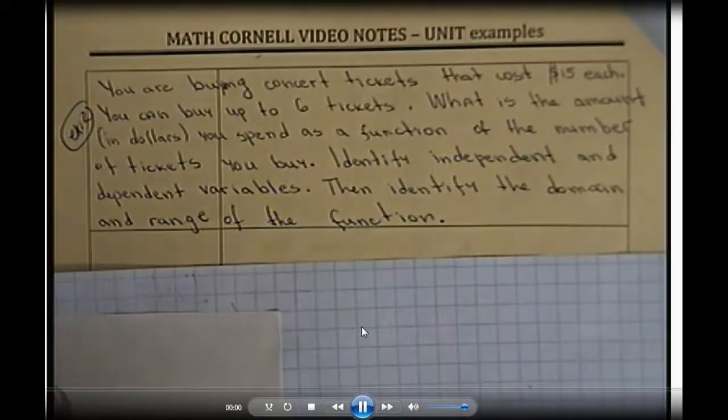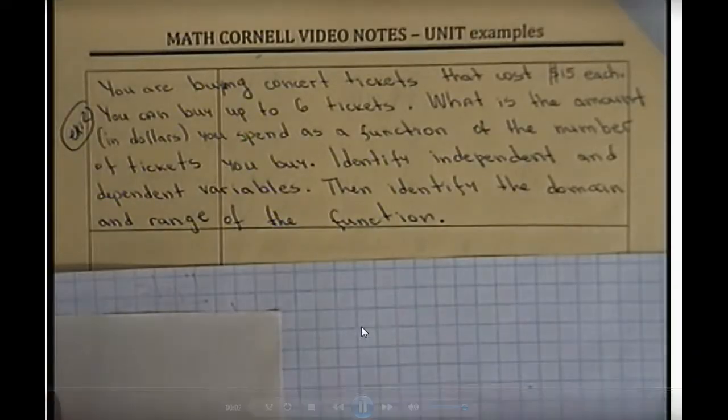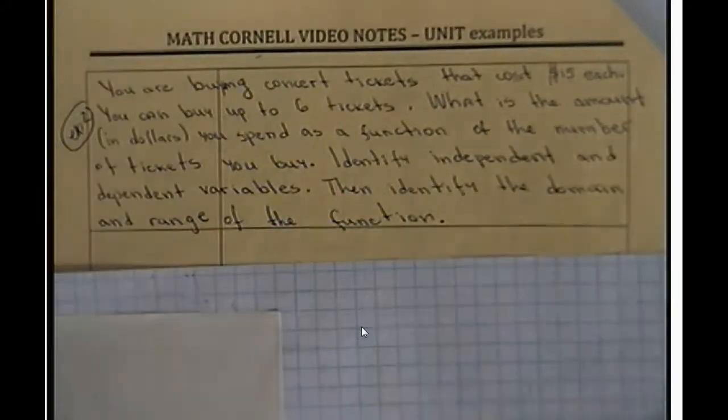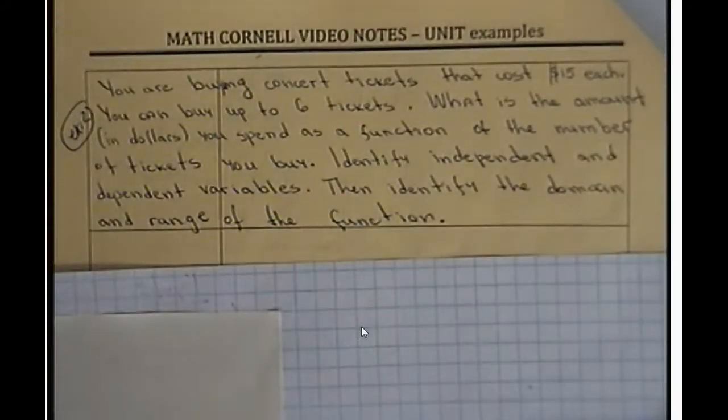Example. Alright, so the last example is another real life example, and let's see how we use functions in order to do some calculations, talking about linear functions in real life situations without even realizing that this is happening. So you're buying concert tickets that cost $15 each.